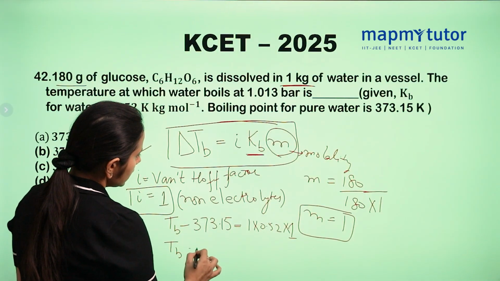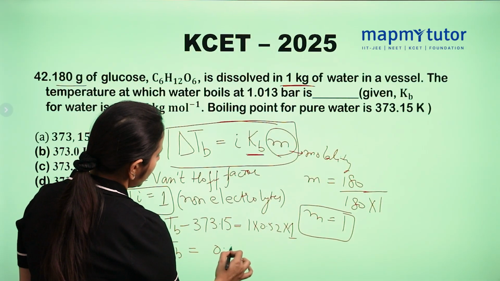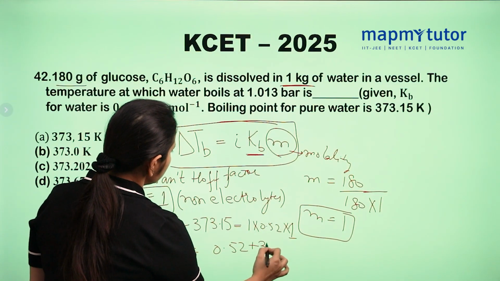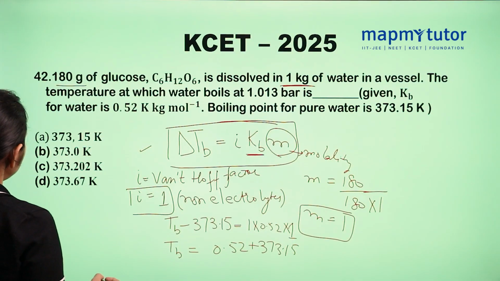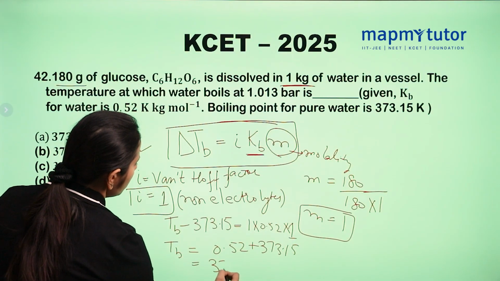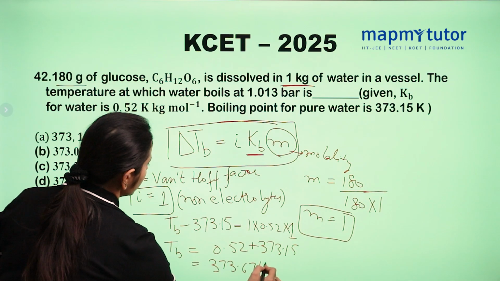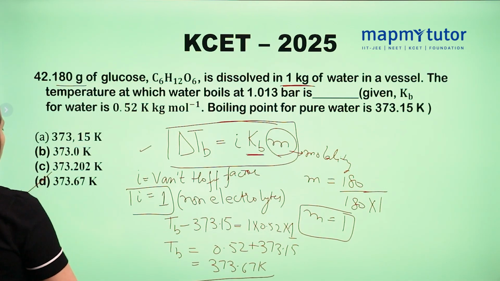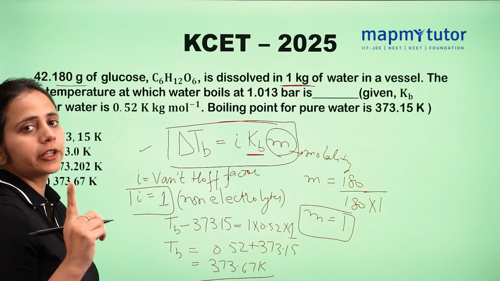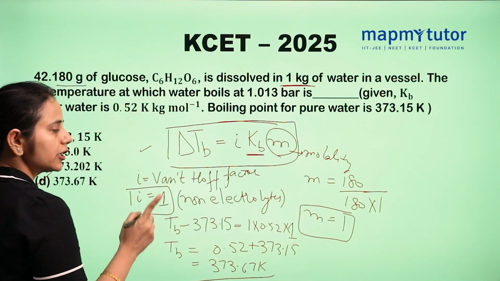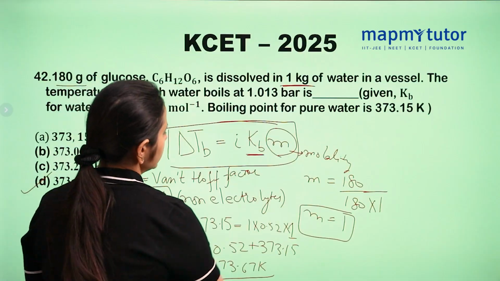So, Tb is 0.52 plus 373.15. So, the answer comes out to be 373.67 Kelvin. So, this is our right answer, that is option D. Okay. So, please read all the 4 colligative properties. It is very important. One question will definitely come from this point.